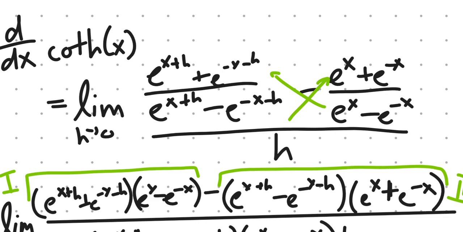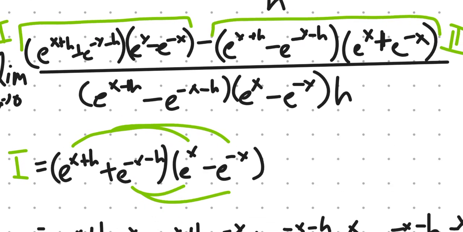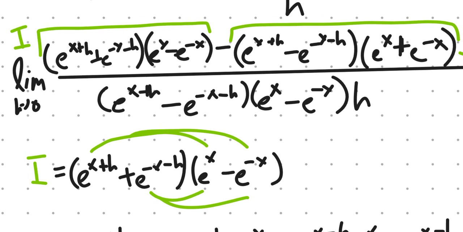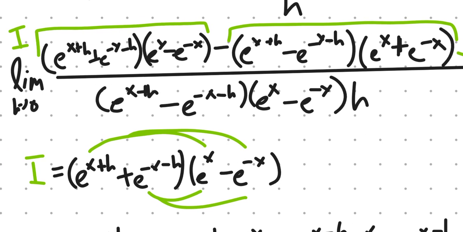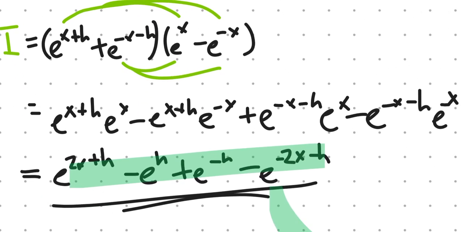Now we cross multiply and get this expression, and we group the two parentheses, Roman numeral 1 and Roman numeral 2. Distributing the first, we get e to the 2x plus h minus e to the h plus e to the negative h minus e to the negative 2x minus h.